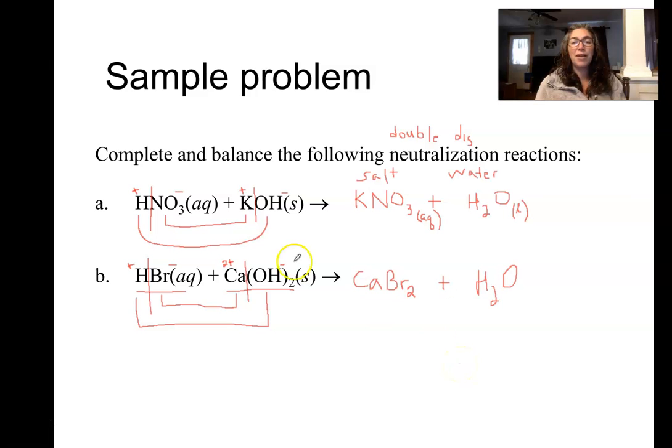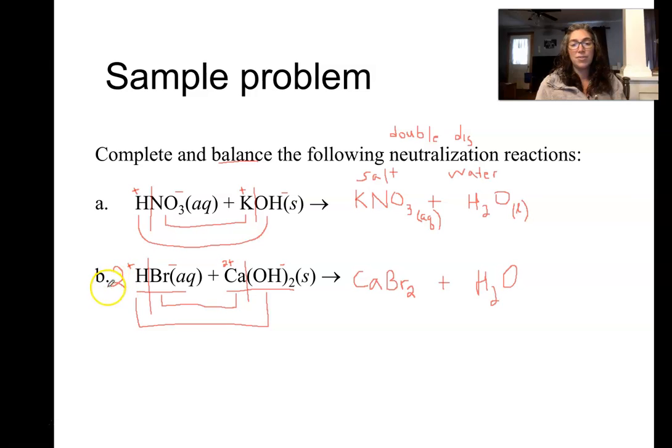So now we've written the products out, but we do need to balance this equation because, let's see, over here I've got 2 bromines on the product side and only 1 bromine on the reactant side. So I'm going to need to add a coefficient here.